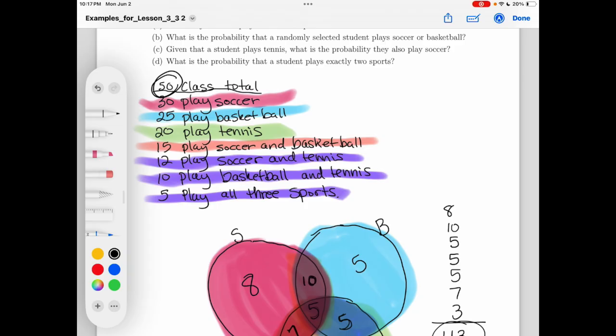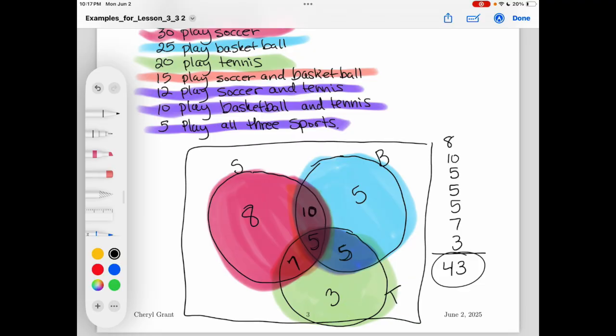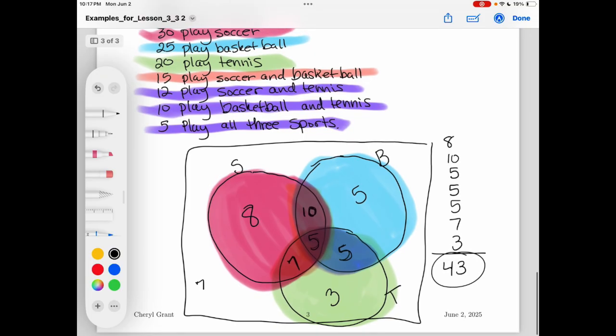However, the question says we have 50 in the entire class. So what that means is, when I make my Venn diagram, everybody in this box is part of the sample. If there's people that are not in any of the groups, but they're still in the sample, then they're outside of the circles, but still inside the rectangle.